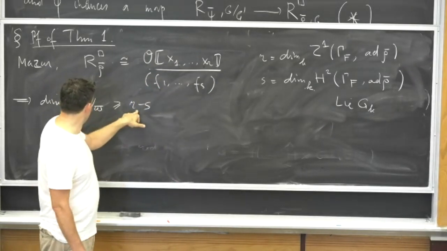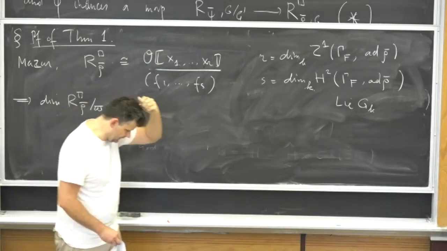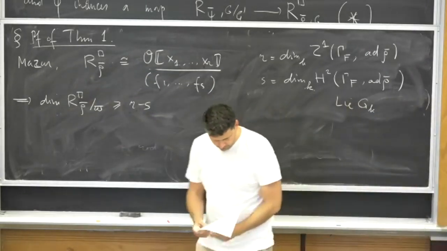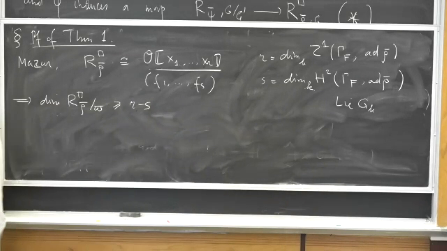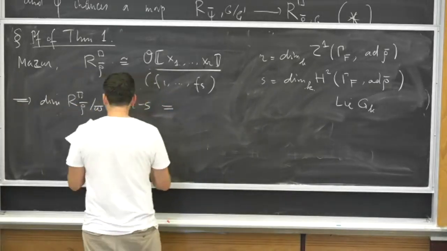That's how you get this bound. So it's R minus S, this is the expected dimension. That sort of came up in a talk in a more complicated context. Yeah, so it's always the same.